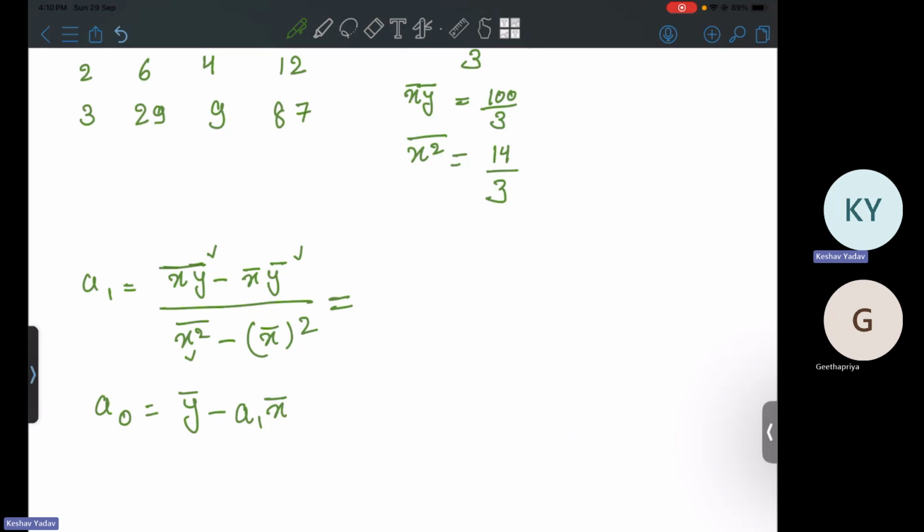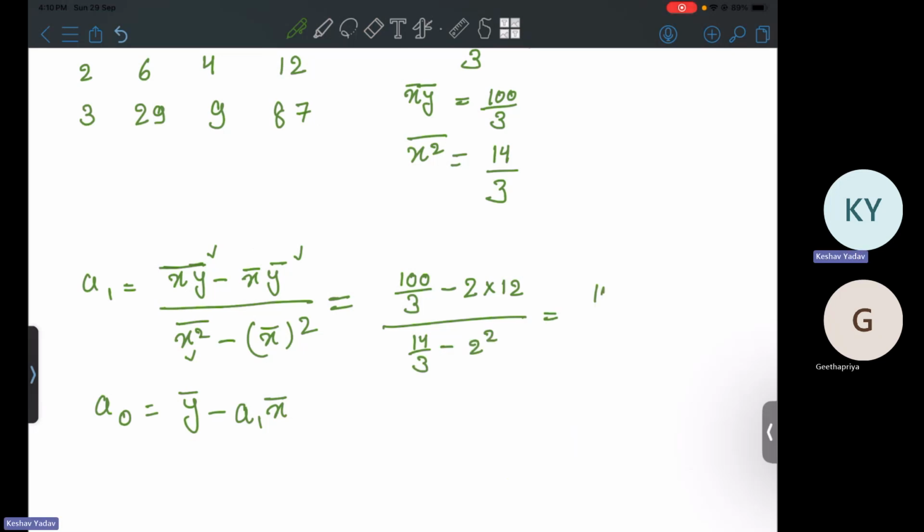So what will be my value? XY bar is equal to 100 by 3 minus X bar, which is 2, Y bar, which is 12, divided by X square bar, 14 by 3, minus X bar square, 2 square.